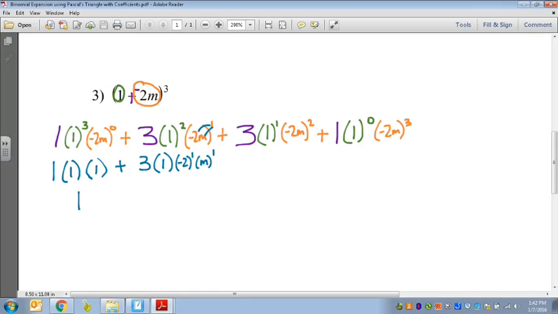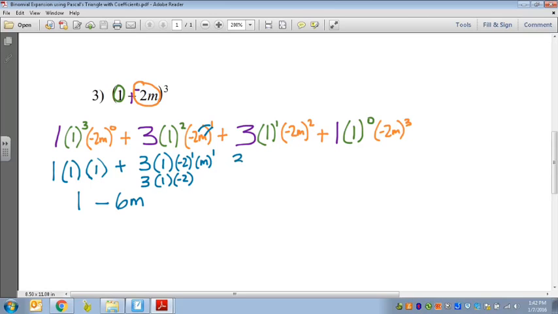It doesn't make a big deal if it's to the first power, but for the other terms, it will make a big difference, and we'll get there. So, negative 2 to the first power is still negative 2. And 3 times 1 is 3. 3 times negative 2 is negative 6m. So, that's going to give me negative 6m.